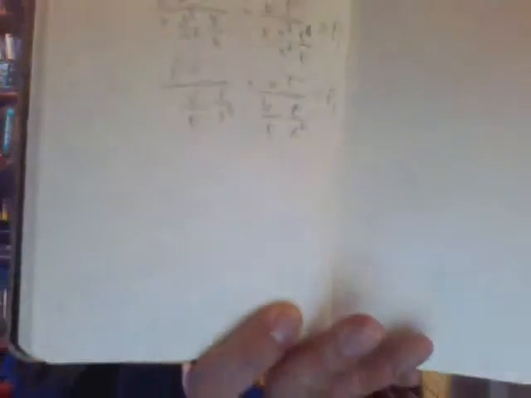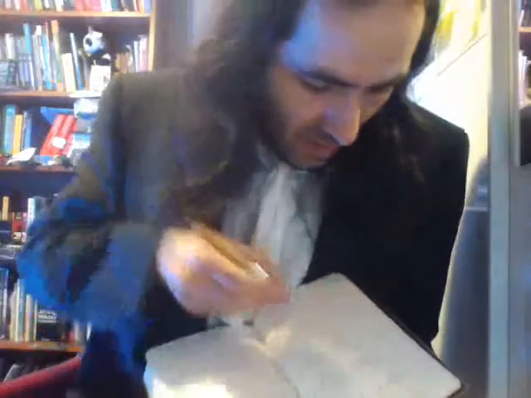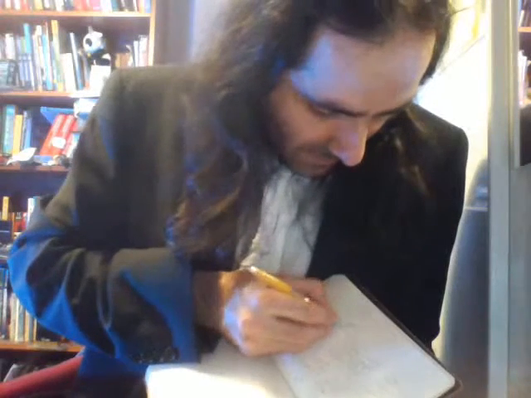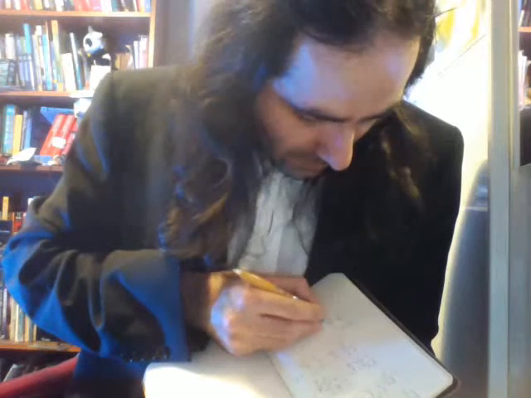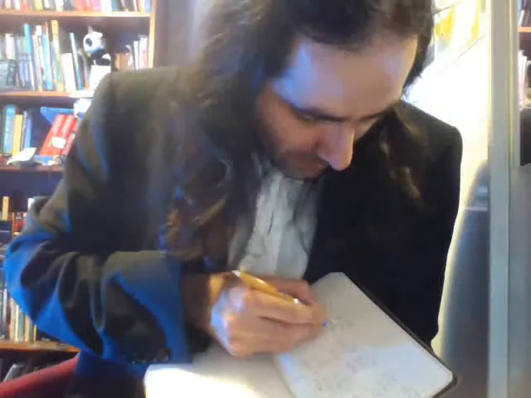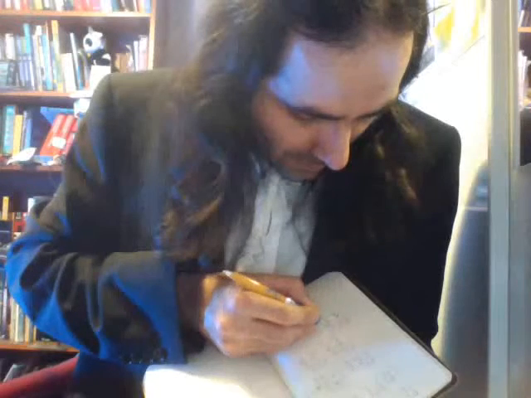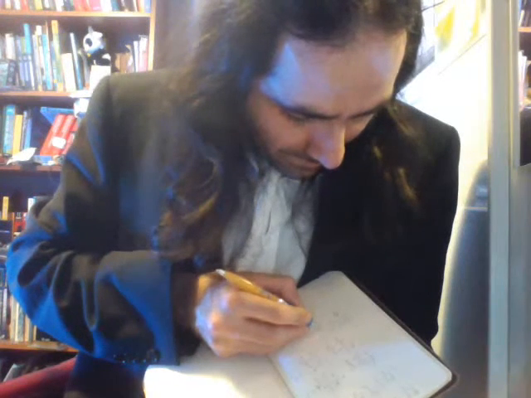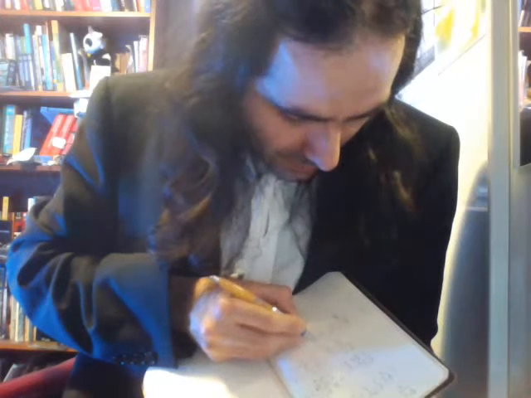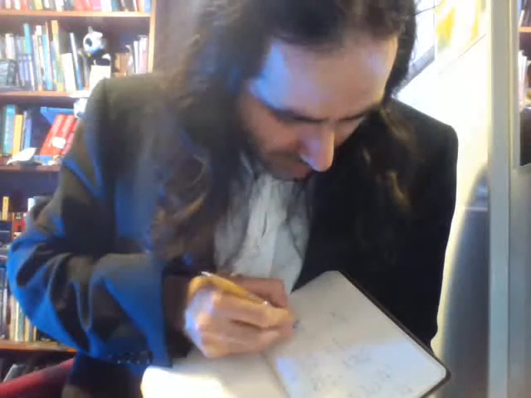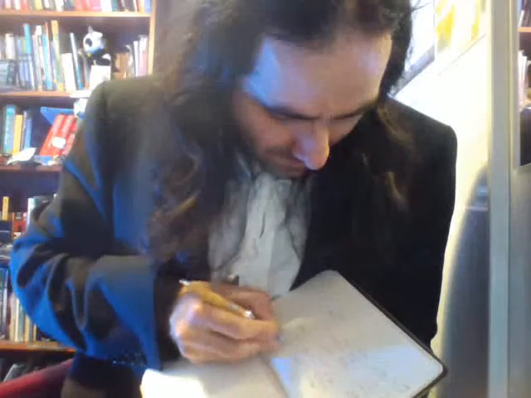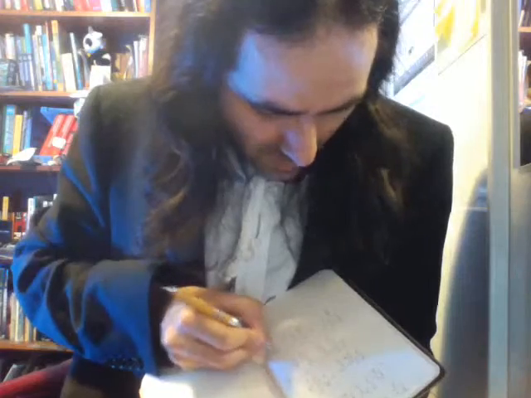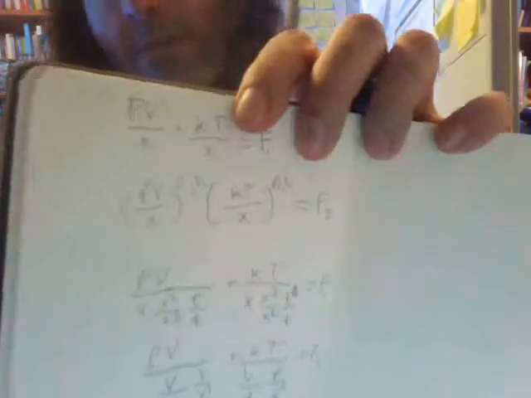If I want to turn slightly more flow-like forces, then I turn it into a PV is flow t per x squared plus kt flow t per x squared is F4. That's force 4, that is a flow force, in effect.